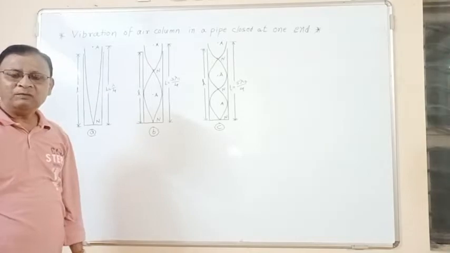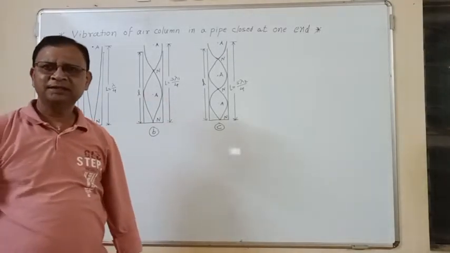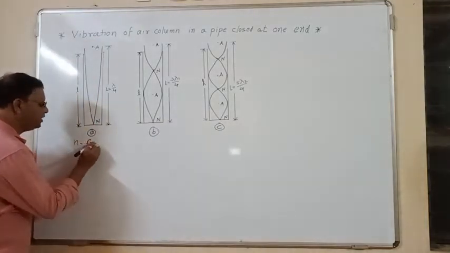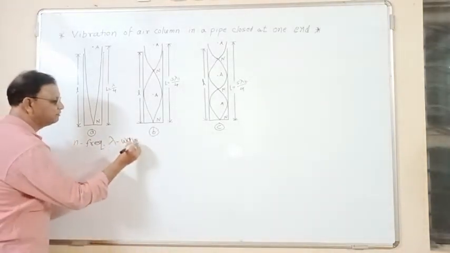Now you know the length of one loop is lambda by 2. Suppose n is the frequency of vibration and lambda is the wavelength.